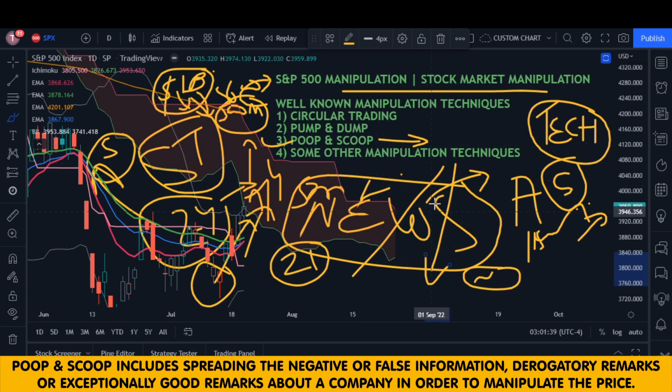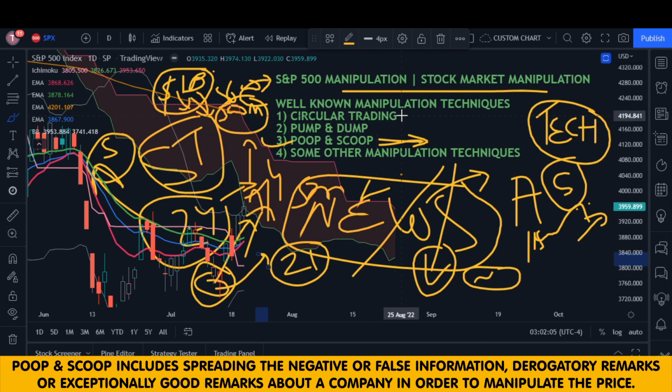When the stock price comes down, then they will come into the picture and buy, and then they will again spread good news about the company, that now there is a bottom and you can buy, and because the price is going to move up, everyone will participate in this buying.